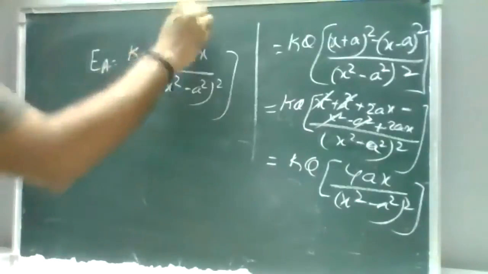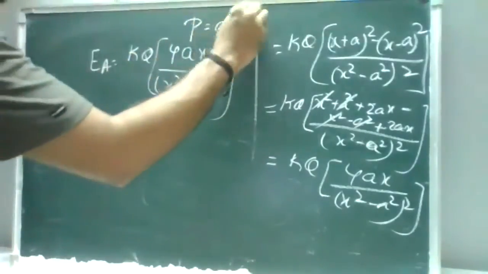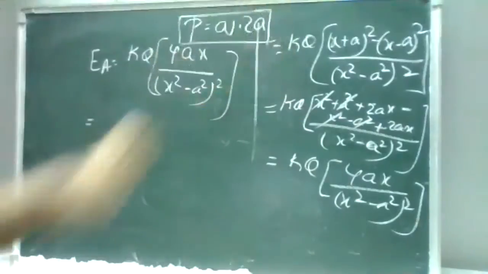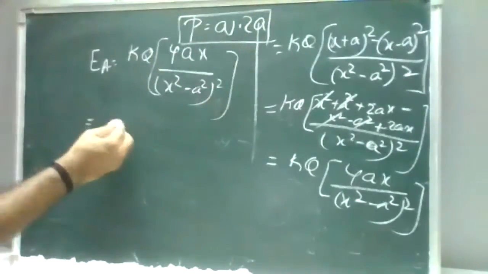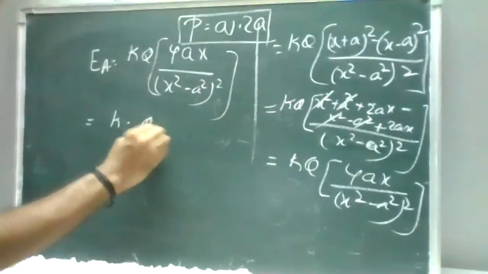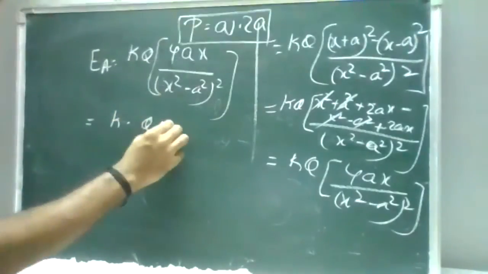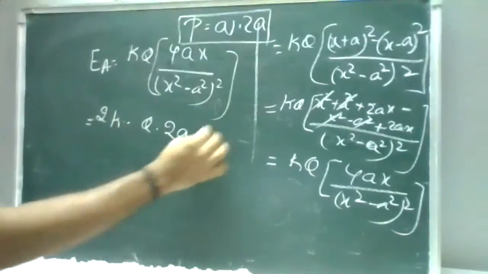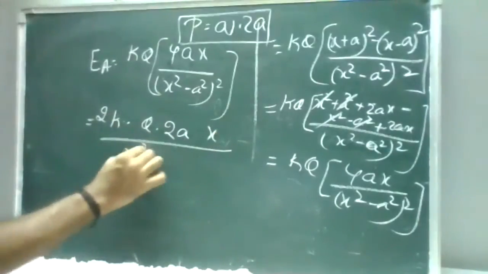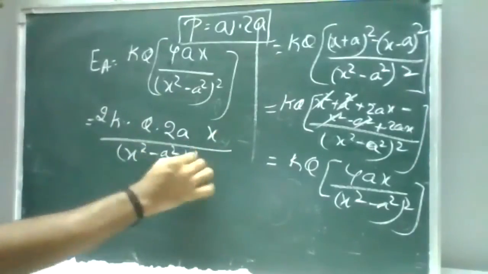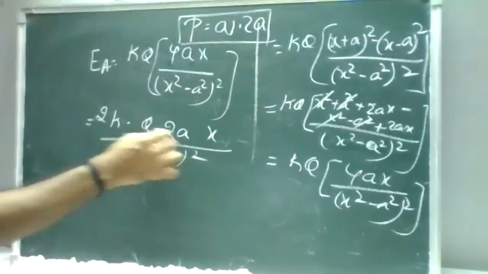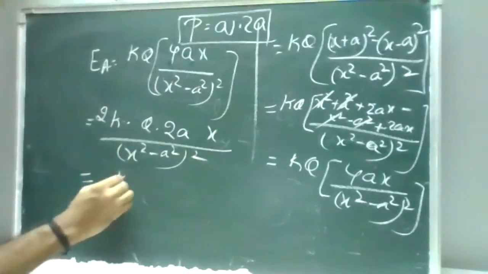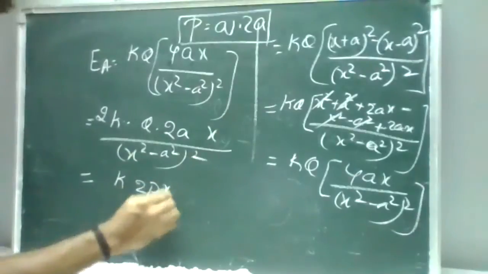The dipole moment relation: P is equal to q into 2a. So now k, q is there. Seeing here 4a, I'll separate 2. So 2k into q into 2a into x by (x square minus a square) whole square. So which is equal to q into 2a is P. So k 2P x by.